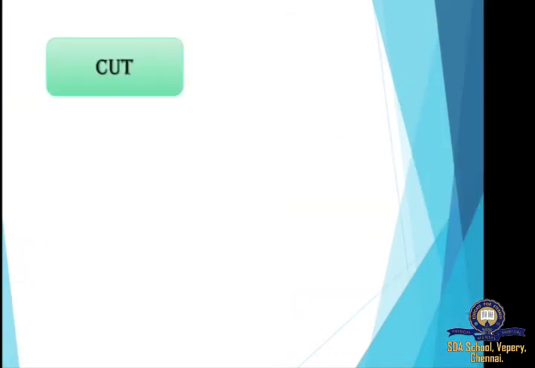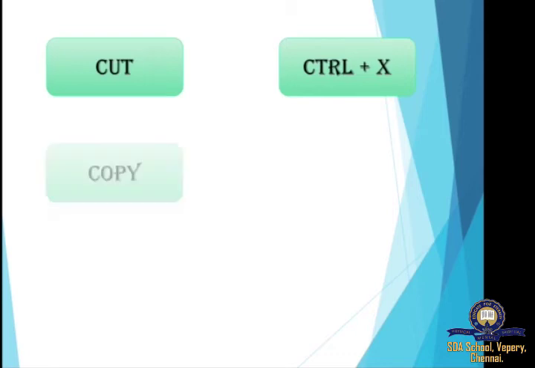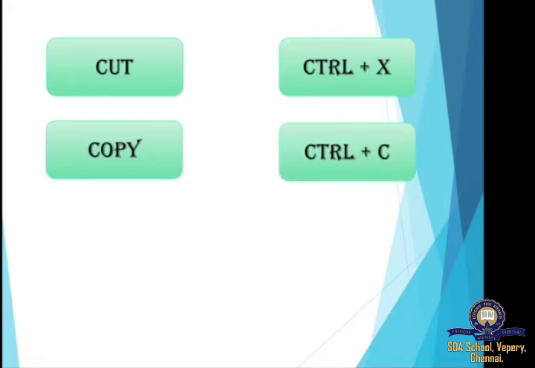And then the next is cut. We have seen cut, copy, paste in a previous class, right? So what is the shortcut key for cut? Control plus X. And then for copy, Control plus C. And then for paste, if you want to copy something and paste it to a different location, what is the shortcut key for pasting?